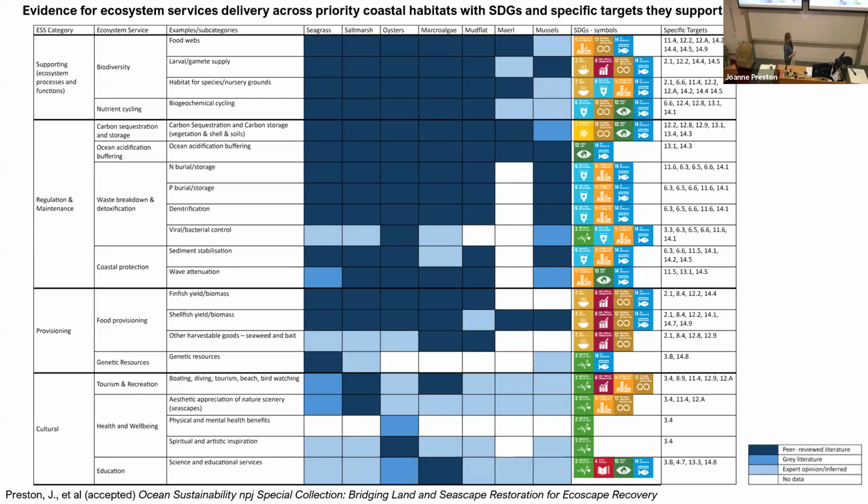And whereas white, there's no data, or light blue, it's expert opinion inferred. And then we align them to all the sustainable development goals and specific targets. And you can see just by looking, having a healthy mosaic of habitats infers multiple ecosystem services across different ecological niches, increase resilience. But how do these relate to each other? We also have some really key knowledge gaps around cultural services.